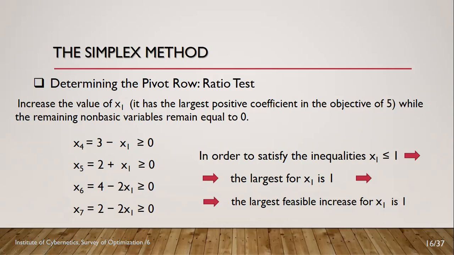Again, how we perform the ratio test is that we simply focus on the constraints where x of 1 has negative coefficients here in the dictionary. Here they are, 1, 2, 3. What we did next, we just looked at the ratios of the constants to the coefficients' absolute values, and selected the smallest ratio. We call the smallest ratio the winner of the ratio test.